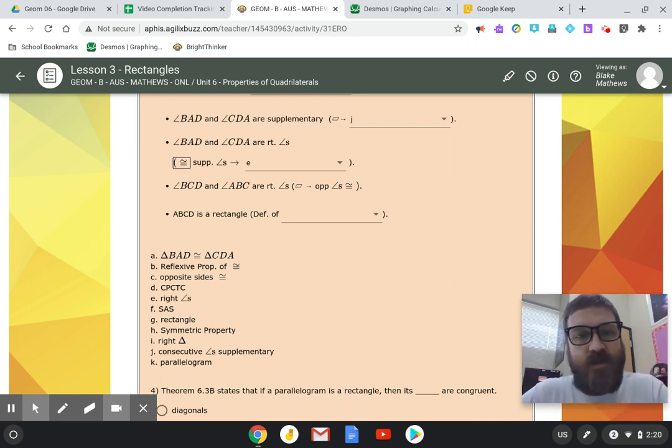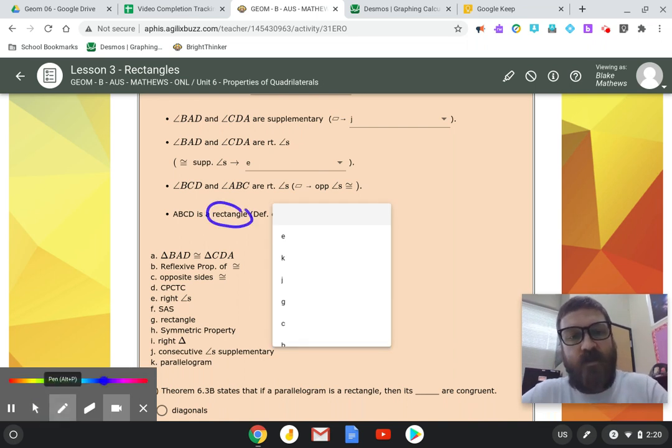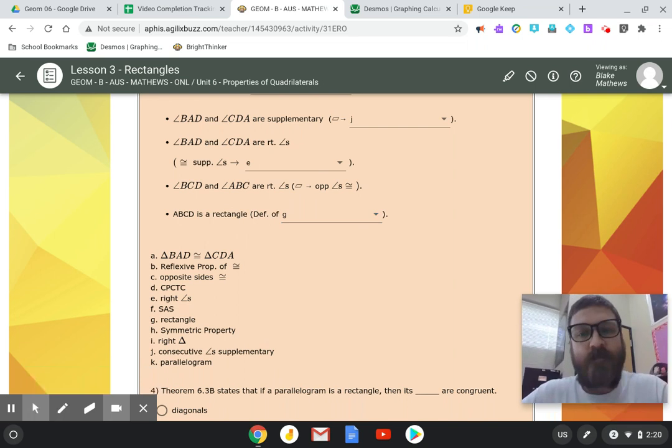Next one is written for us. Angle BCD and angle ABC are right angles because in all parallelograms, opposite angles are congruent. And then it says, therefore, ABCD is a rectangle because that is the definition of, I wonder if it's the definition of a rectangle. It is, because that's what we're trying to prove. The definition of a rectangle is G.